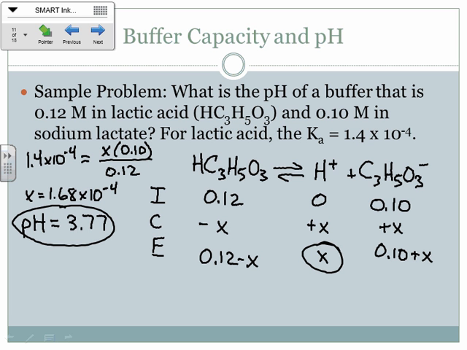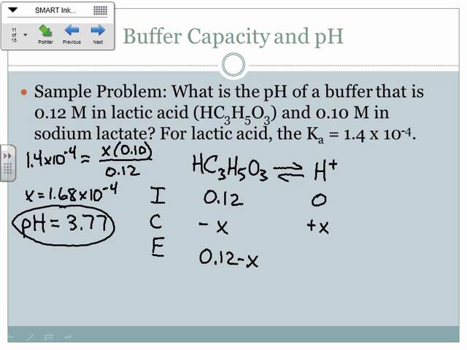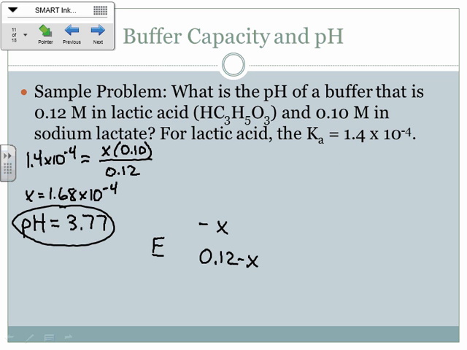So then the other way that you can do this is you can recognize, hey, this is a buffer solution with an acid and its conjugate base. So if it's a buffer solution, and hear me when I say this, only if it's a buffer solution, that's the only time Henderson-Hasselbalch will work, okay?